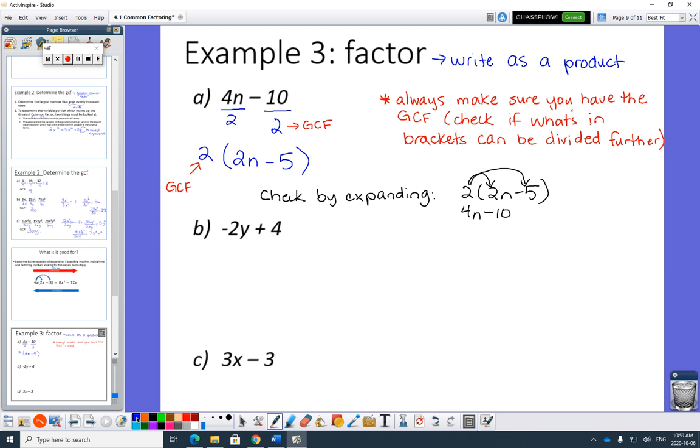Okay, so again, we don't have a y in our second term. It doesn't really matter. Most people, and eventually when we get to 4.2, 4.3, 4.4, we don't want a negative in our first term, so you might as well get used to it. So divide by negative 2. Okay?